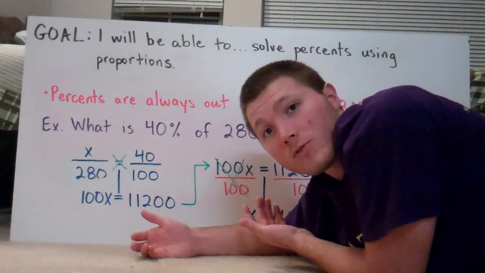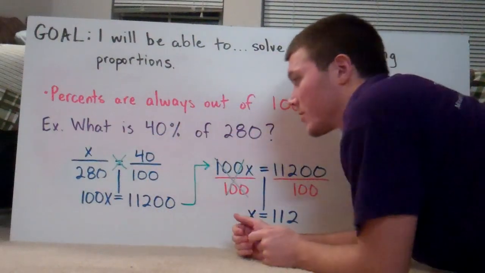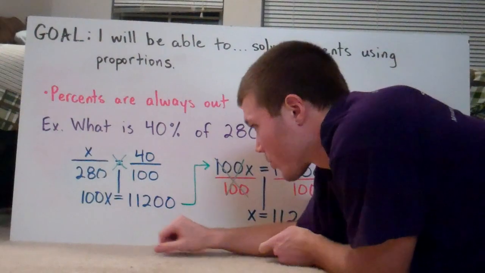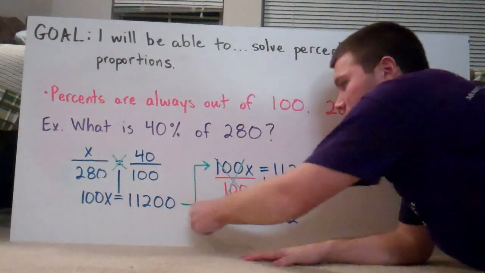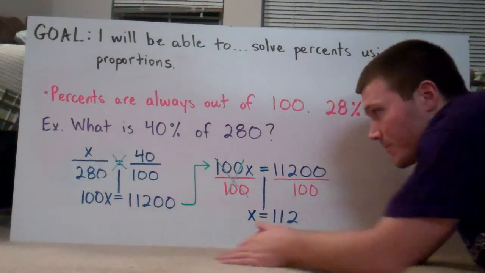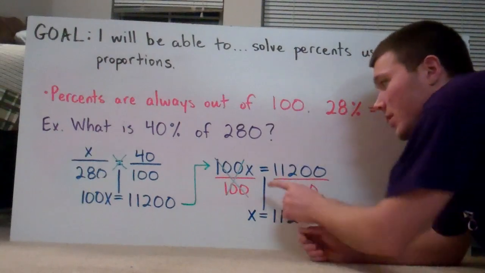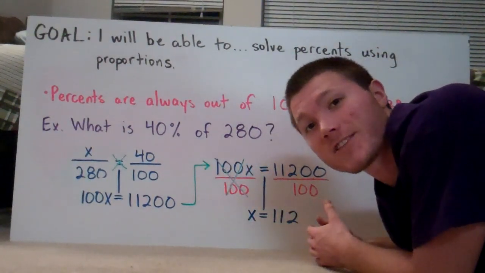Then all I have to do is what we've already done in the past. Cross multiply. 100 times x is 100x. 280 times 40 is 11,200. Now I'm going to move this up over here because I don't have much room down here. So I've got 100x equals 11,200. Well, how do you get rid of the 100 attached to the x?